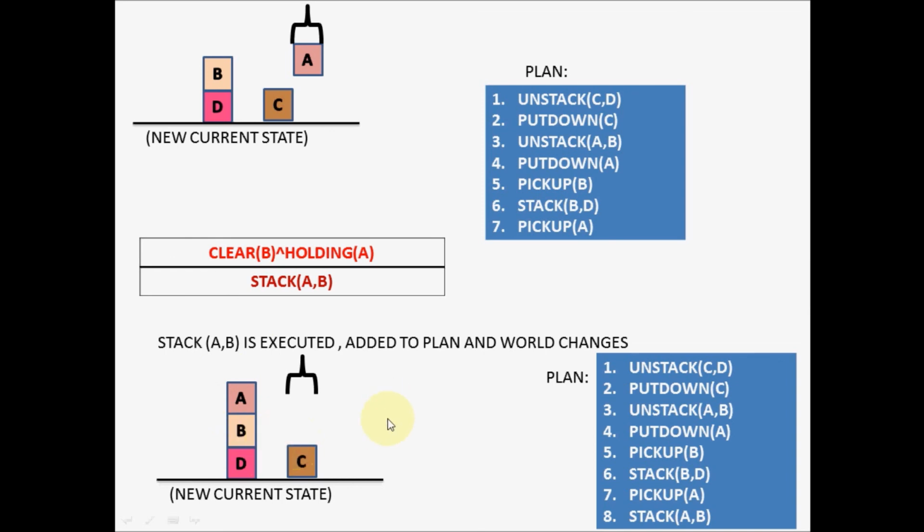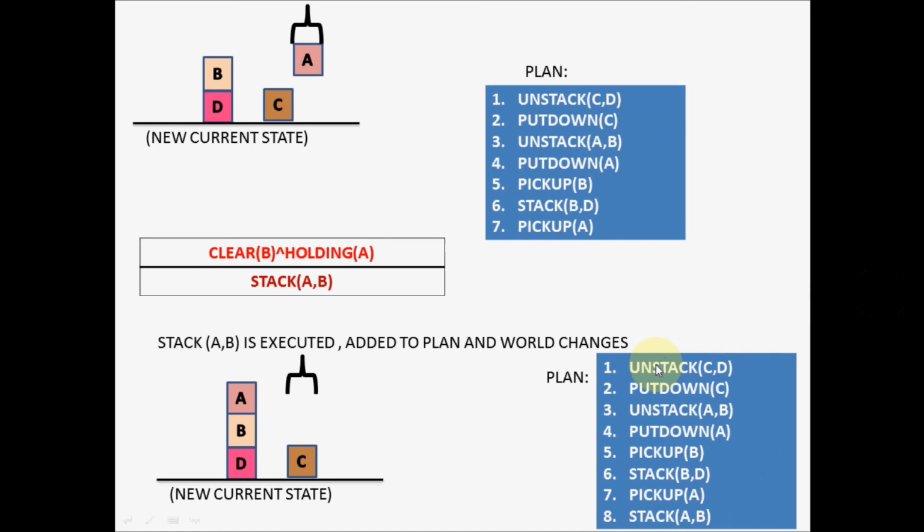Now what do we get at the end of all this big procedure? At the end of all this big procedure, we are getting two things. One, we are able to reach the final state, but most importantly, the output of the goal stack is that you get a plan. Okay.